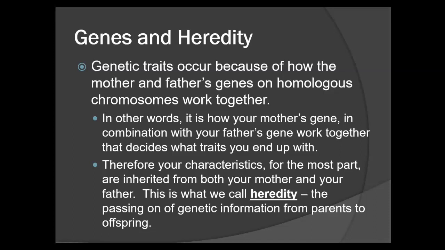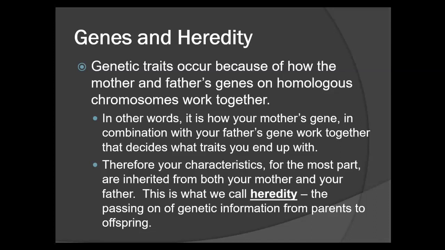A homologous pair means the chromosomes are basically identical, with the same genes on them, except that one came from your mother and one came from your father. How those two chromosomes work together in that homologous pair decides what traits you end up with.